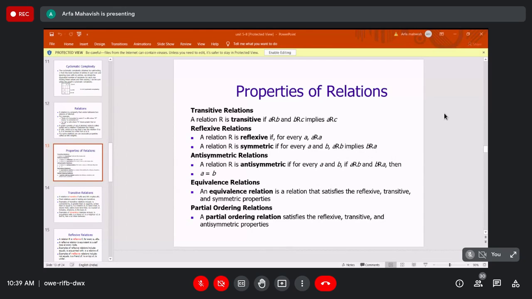If node A is traveling to B and B also travels to A, then it is called the symmetric relationship.